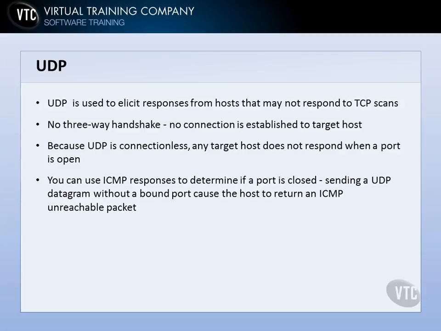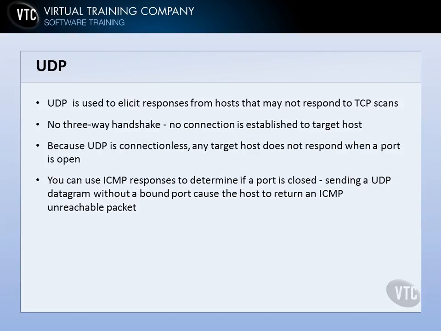It doesn't need to. However, you can use UDP to determine if a port is closed. If the port is closed, you may get certain ICMP responses back. For example, sending a UDP datagram without a port bound to it can cause the host to return an ICMP unreachable packet, and that tells you that the port is closed.